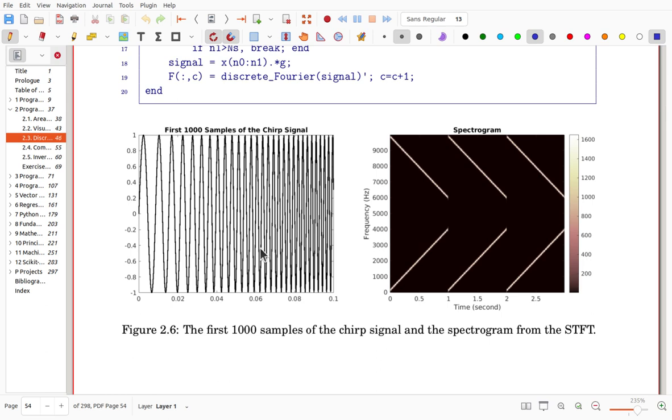These 3 copies of this chirp signal are attached for our test signal. So you can see here the spectrogram for each second starts from 100 and then becomes 4,000, 100, 4,000, 100, 4,000.